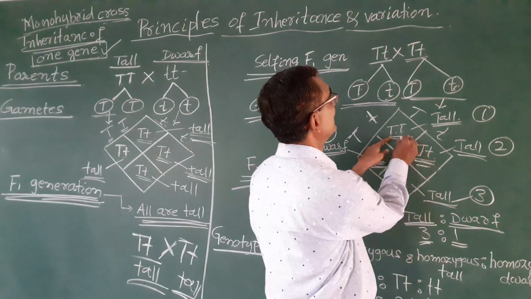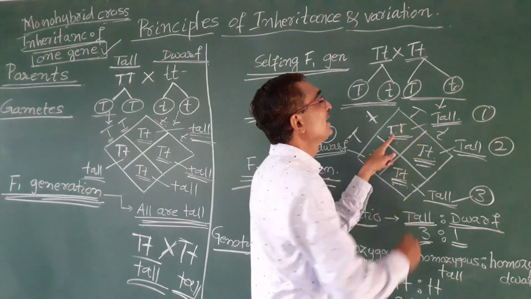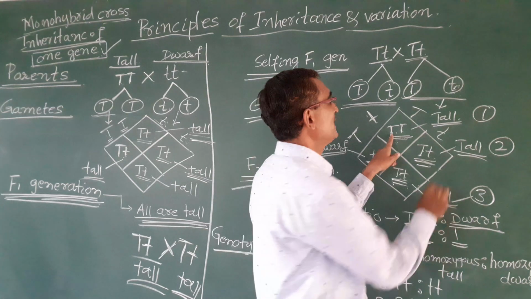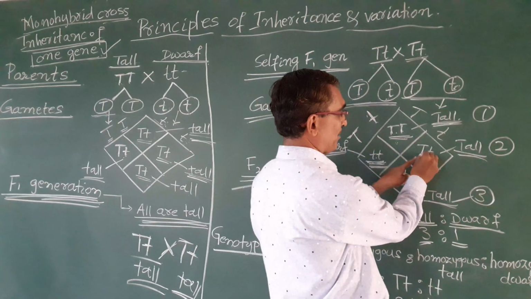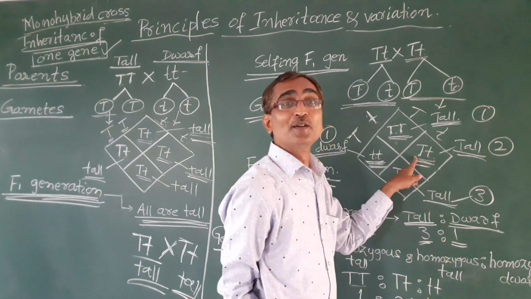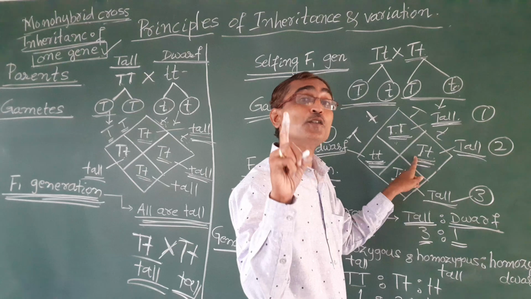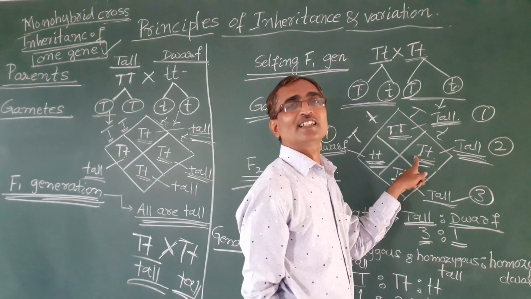You see here, this is capital T, capital T. Capital T is tallness and tall is dominant, so it is tall. No question of dwarf here. Here capital T, small t: both tall and dwarf genes are here, but tall is dominant, so tall is expressed.